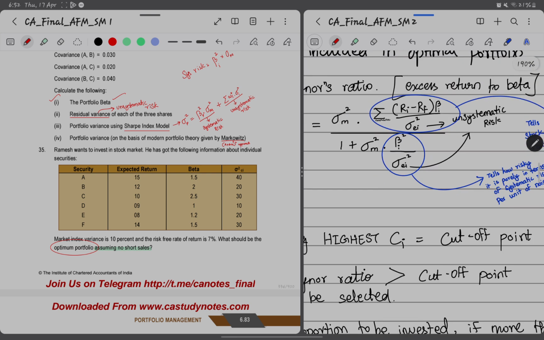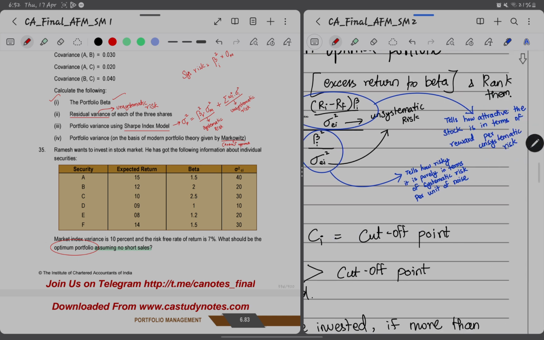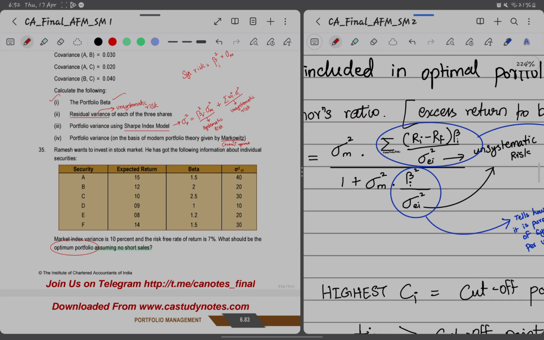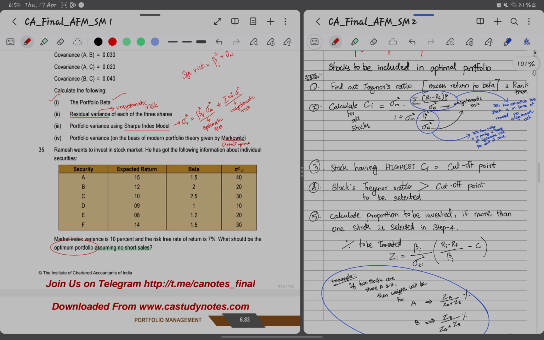For calculating Ci, one formula is given. I'll give the explanation later on in a separate video. Once we substitute in this formula and arrive at the cutoff point, the highest Ci will be the cutoff point.